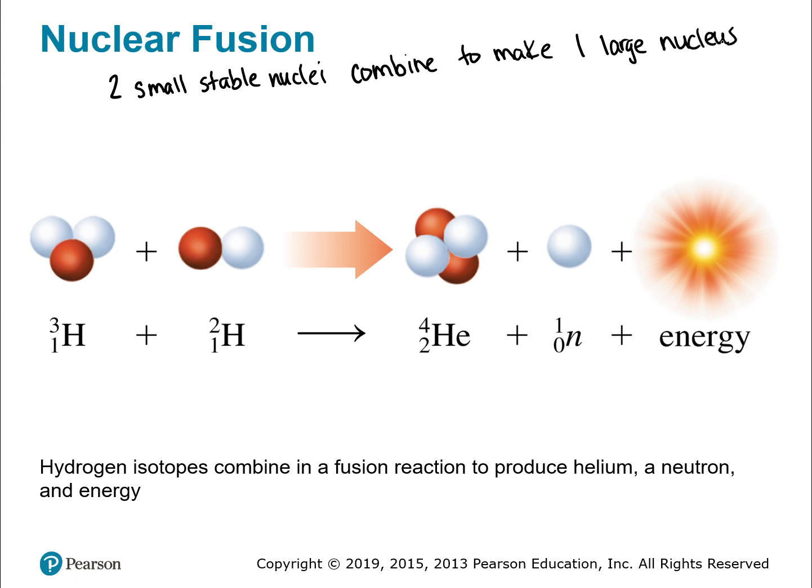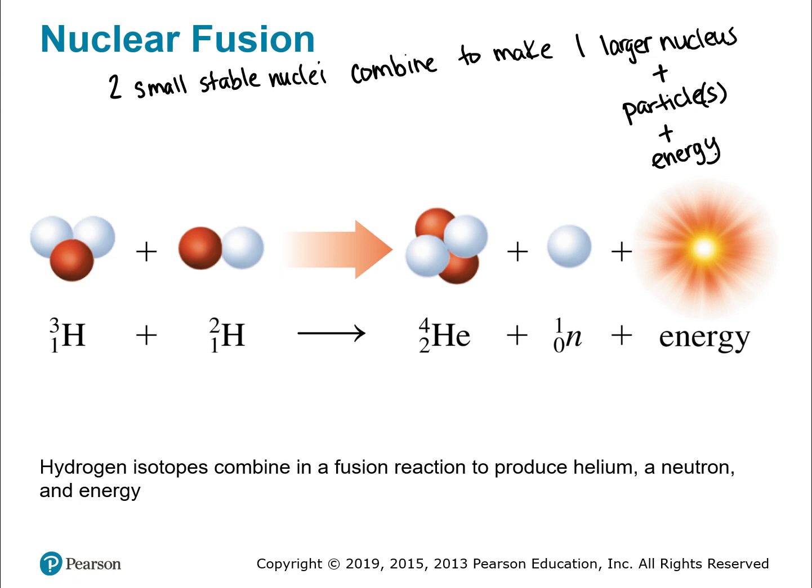You're going to make one larger nucleus. So one new element. You're going to take 2 small nuclei and combine them to make one new element. You're also going to produce some particles and lots of energy.